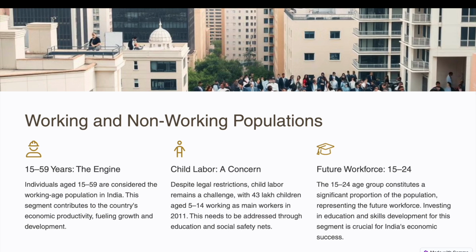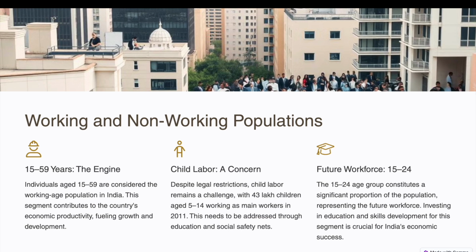Among them, 19%, 23 crore, are young adults, 15 to 24 years, representing a prospective job seeking group. Interestingly, the childbearing age group has also increased, which indicates population momentum. More births may occur even with declining birth rates.